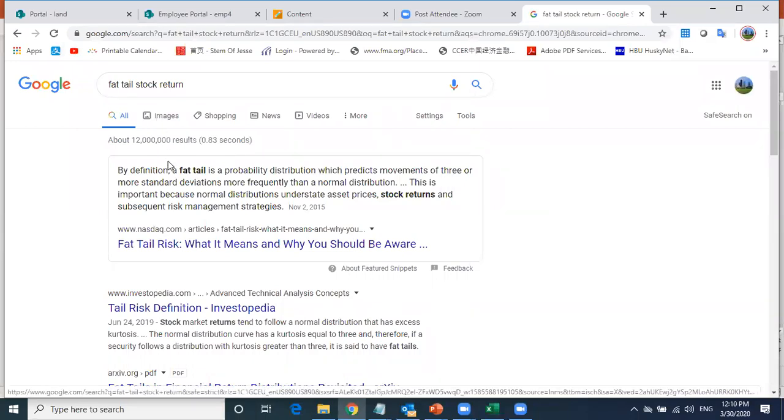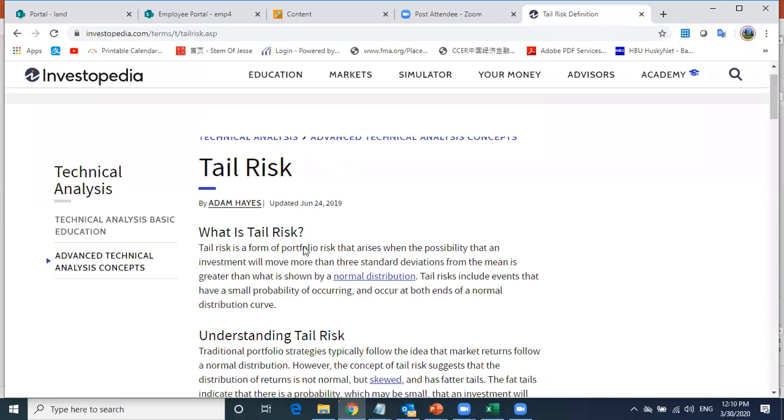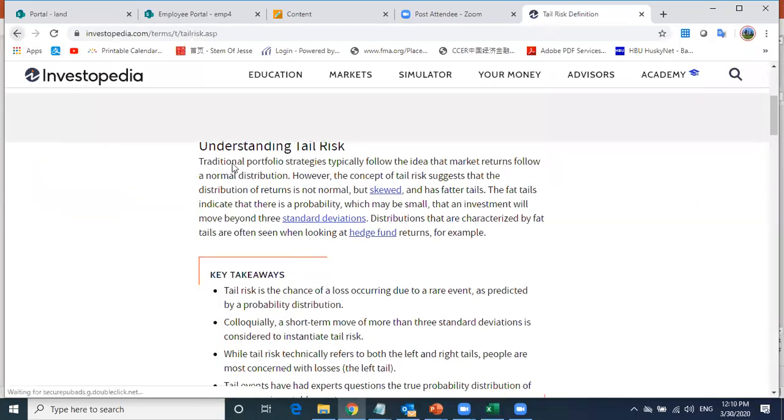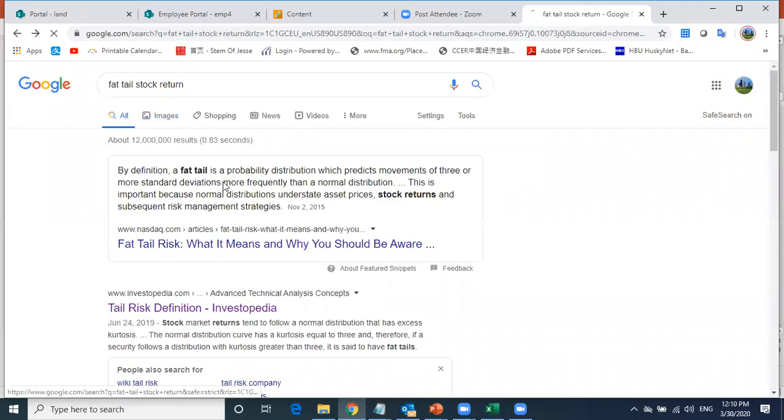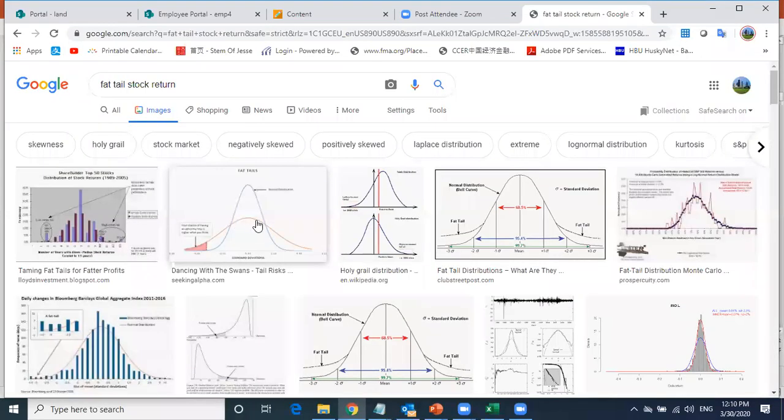A fat tail is a probability distribution which predicts movements of 3 or more standard deviations more frequently than a normal distribution. So the tail risk or fat tail, we can see how the picture looks like that. We call this one a fat tail.